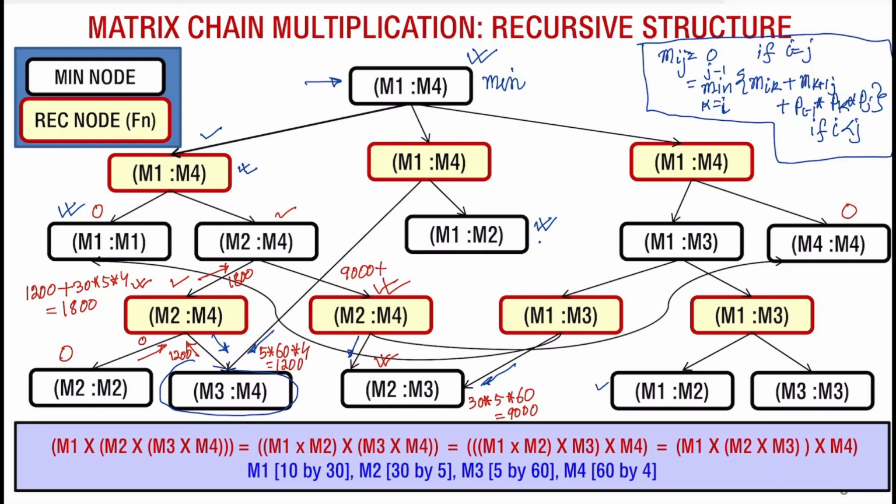plus M24, based on this equation of p(i-1) pk pj, which will require 30 into 60 into 4, which will yield 16,200. So from this side we get 16,200, and this being a min node will produce this side, and therefore this will be 1800.